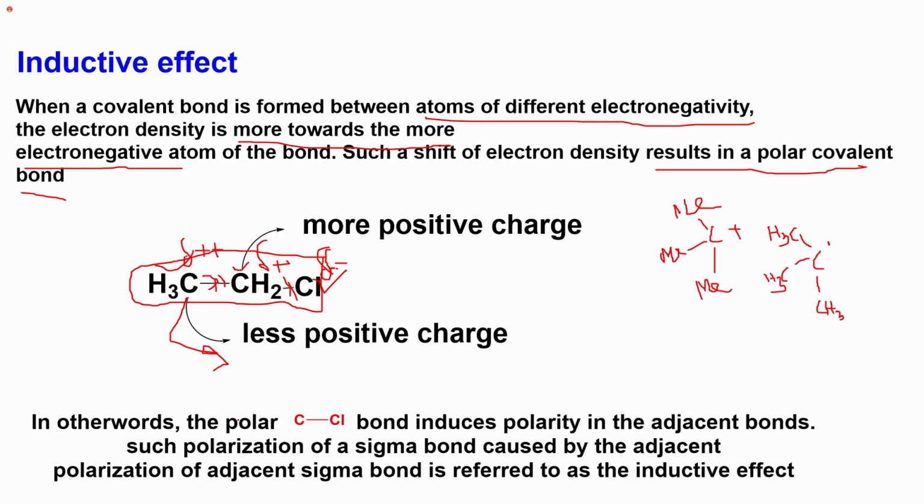Such polarization of a sigma bond caused by the polarization of the adjacent sigma bond is referred to as the inductive effect. So this is called the inductive effect.